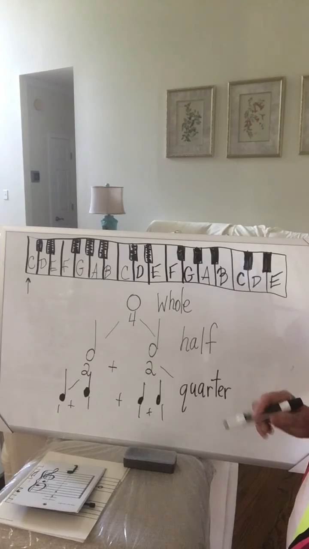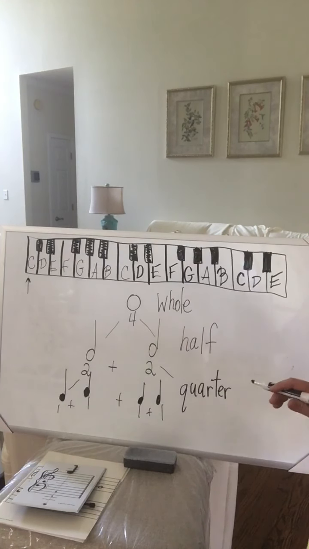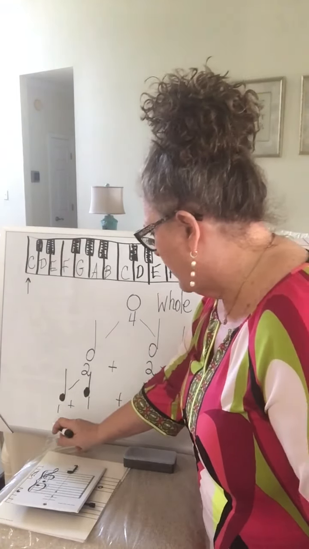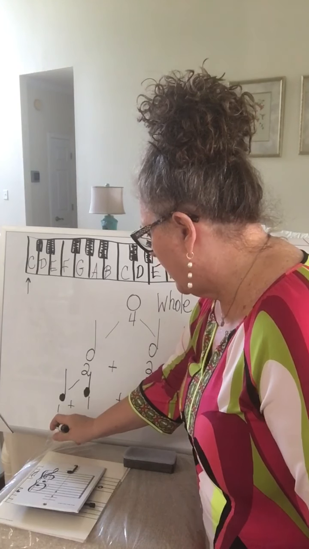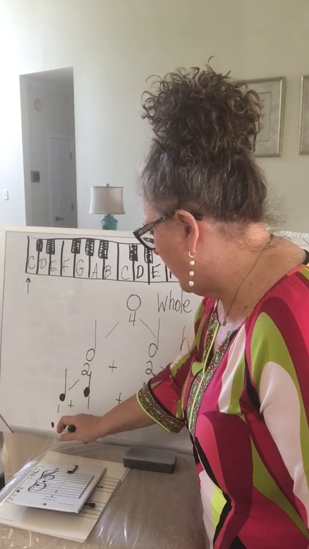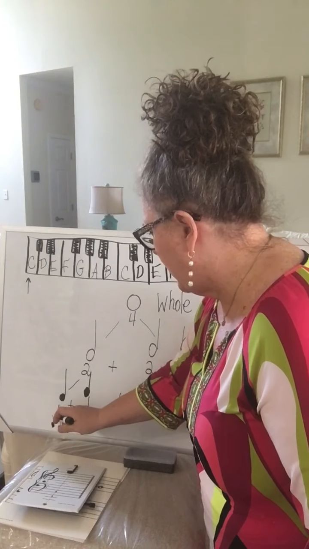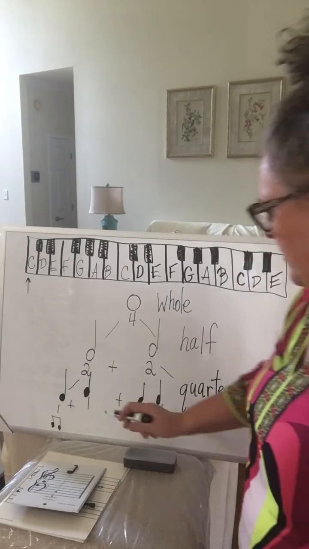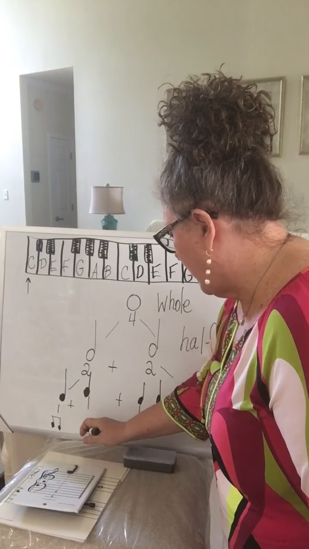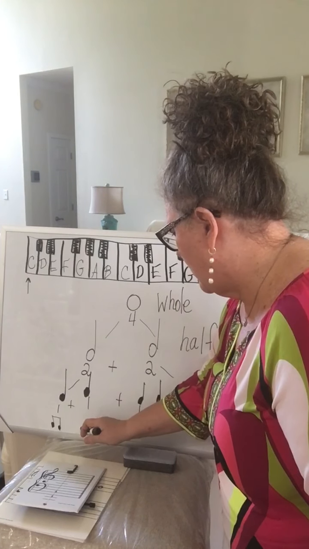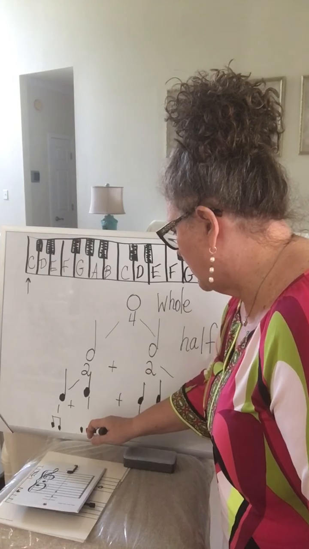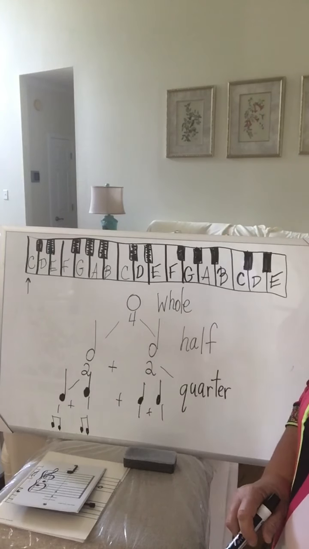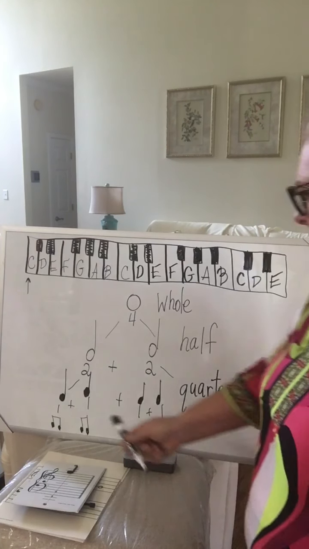Okay, so when we divide it next, we're going to divide it into eighth notes. So our quarter note is going to become 2 notes joined with a beam. Those are your 2 eighth notes. And then this quarter note is divided into 2 parts, which are eighth notes.